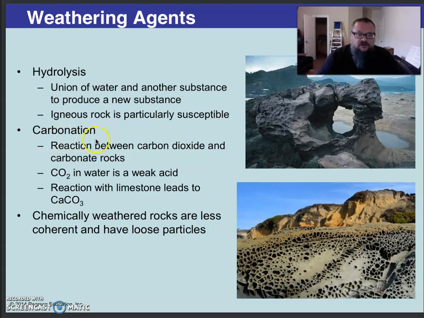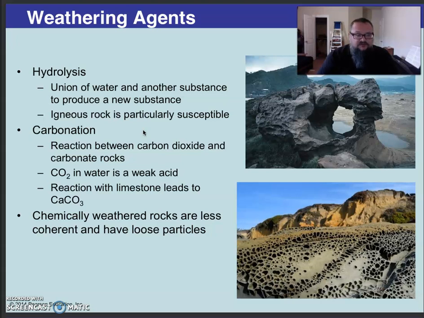We see a lot of what we call carbonation around here. Carbonation happens when you have a chemical reaction between carbon dioxide and particularly carbonate rocks. And carbonate rocks, such as limestone, are reactive with carbon dioxide.